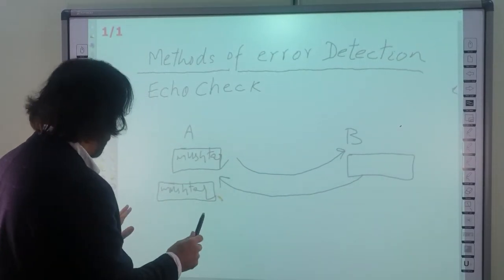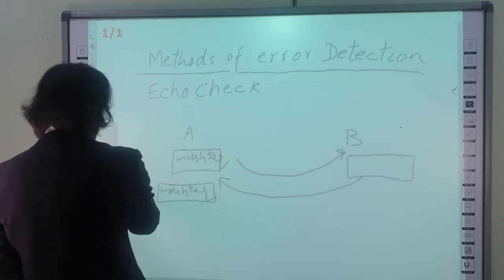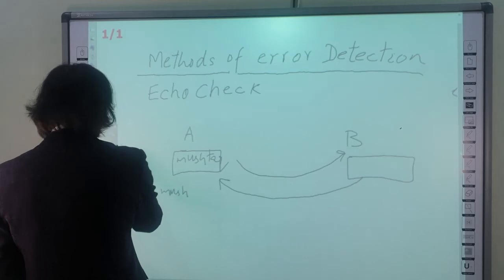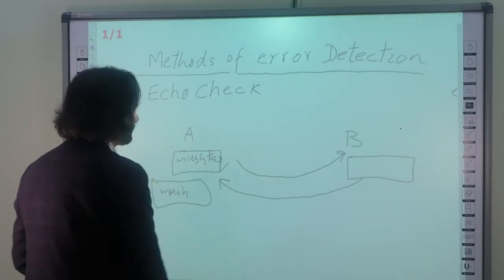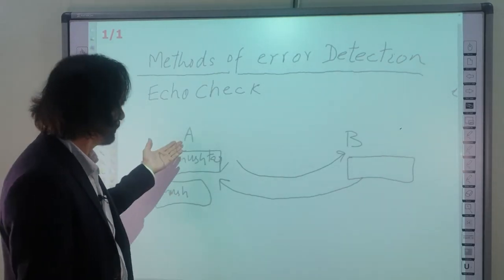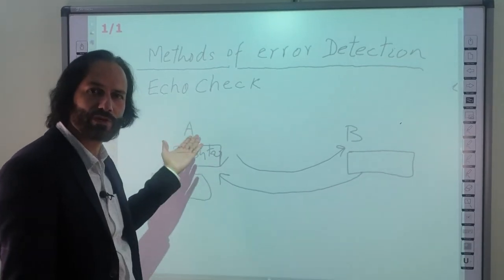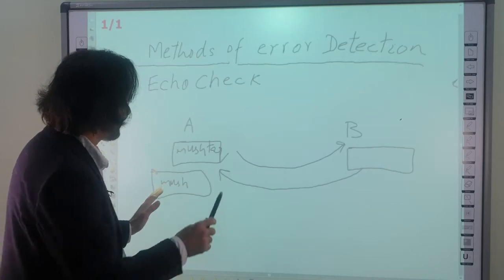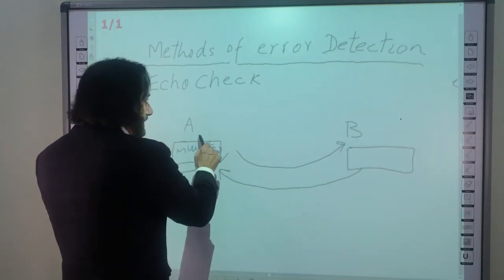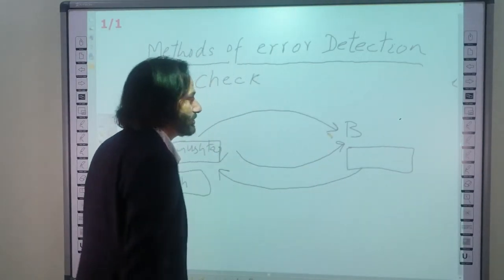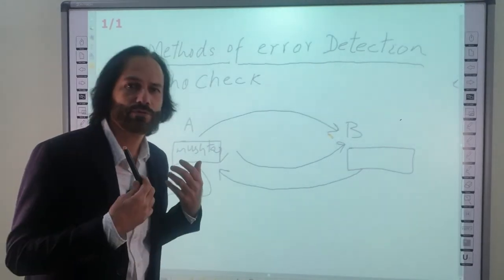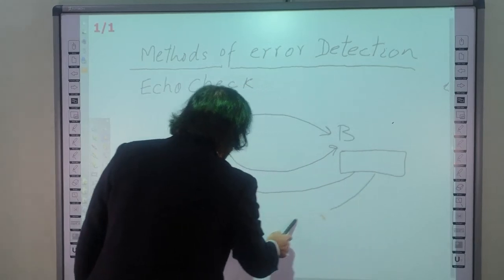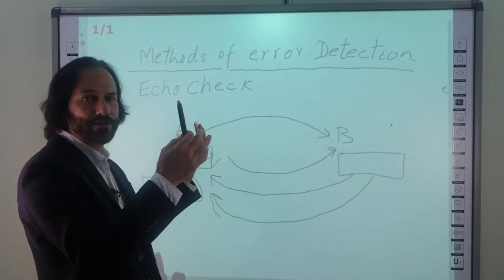If both the copies are different, for example, if some data has been missed out during data transmission, so when the sender compares both the copies, they are totally different. So now the sender sends the same data once again to computer B, and computer B does the same thing once again by sending the same data back to computer A. This is echo check.